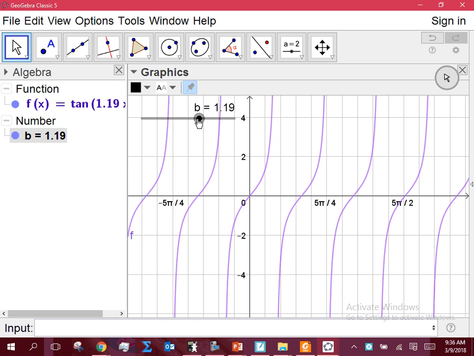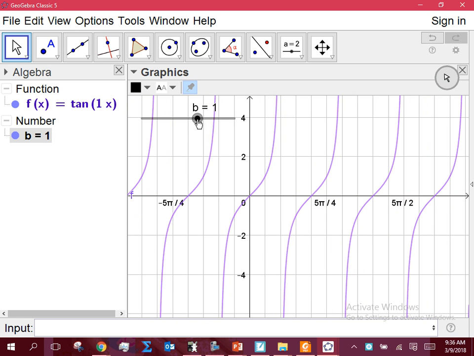And we know that when b is 1, that's our parent function. That's the one we just graphed. So that gives us x equals pi over 2 as an asymptote. It gives us x equals pi over 2 plus pi as an asymptote, plus pi again as an asymptote. Does that make sense? So we have all those abilities of finding our asymptotes by finding the first one and then adding our period to that one. Does that make sense? Okay.